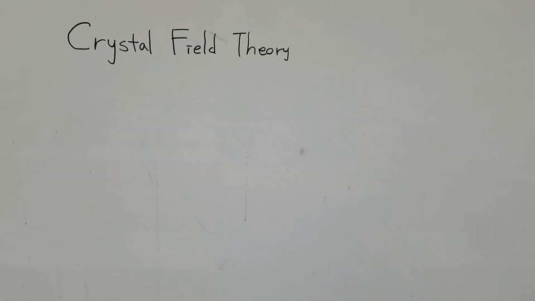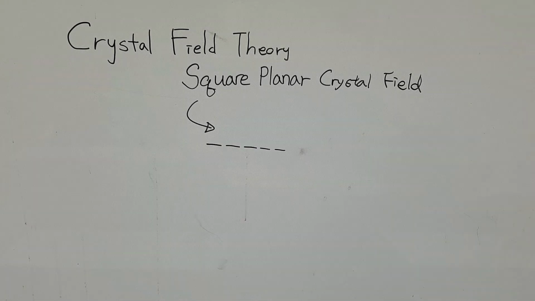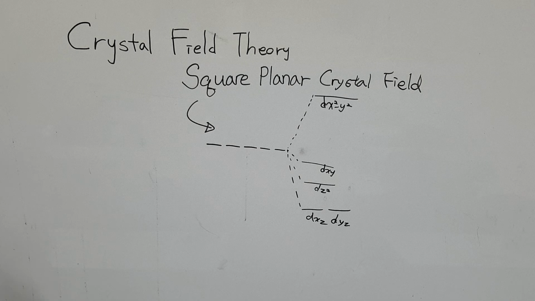In the case of the square planar crystal field, you can see ligands are coming from 4 directions, each on the x and y axes. So the d orbital energies are split into 4 different levels. dx squared minus y squared has the highest energy, dxy the second highest, dz squared the second lowest, and dxz, dyz the lowest.